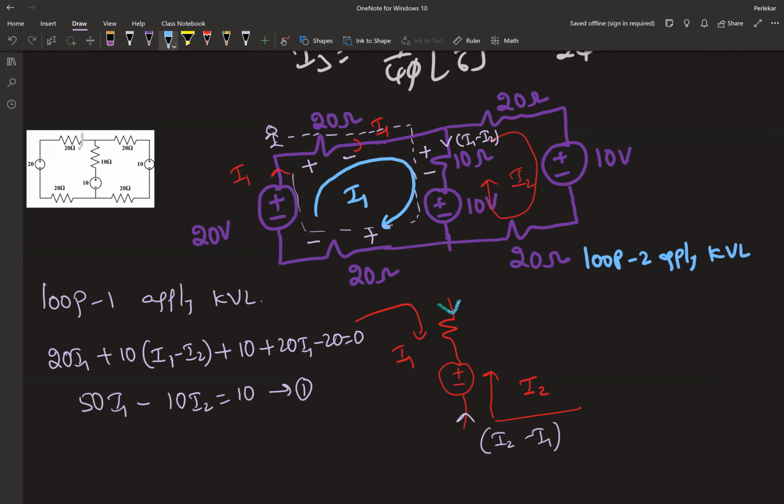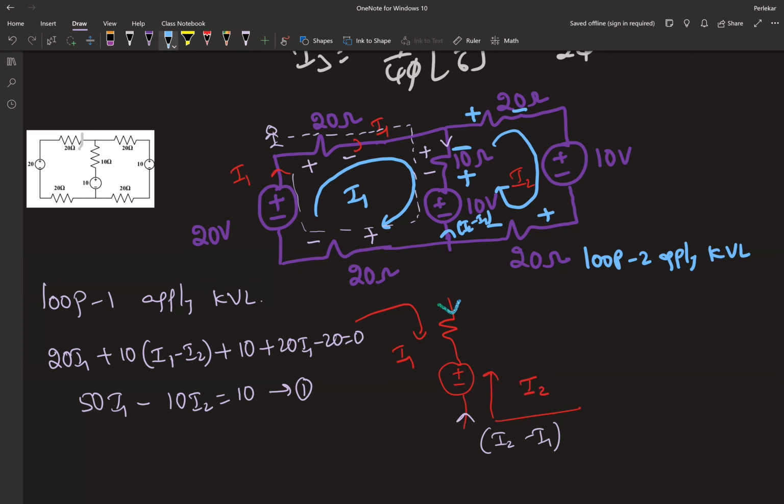So I'm entering here, so this is positive, negative, positive, negative. Even though this 10 ohms already has positive and negative, we do not follow that. I'm going to reassign according to my current direction. My current here is going up, which is I2 minus I1. Based on that, I gave those positive and negative signs.